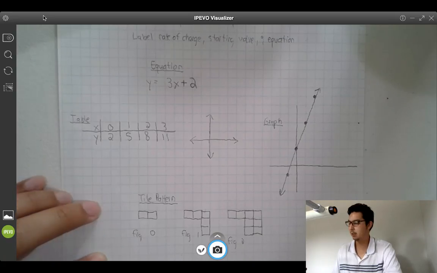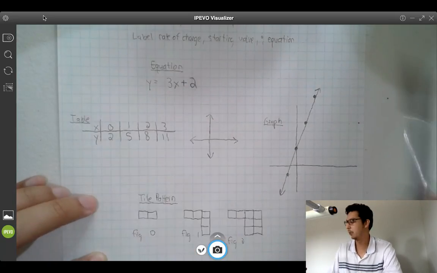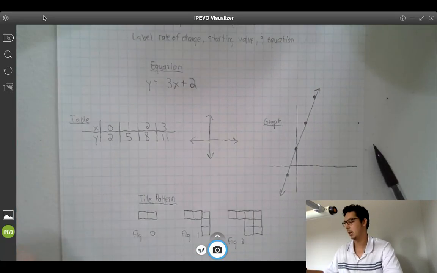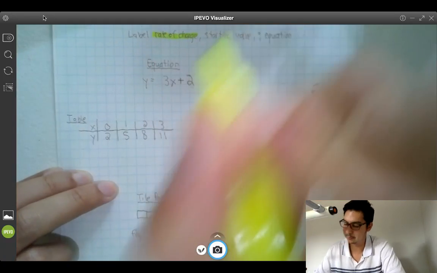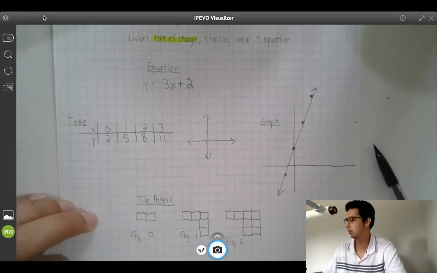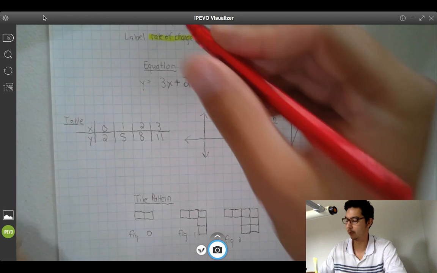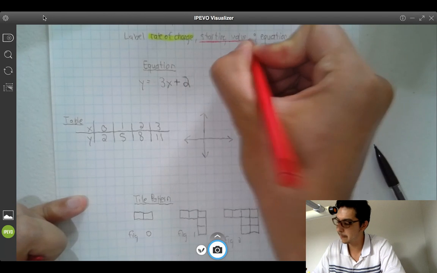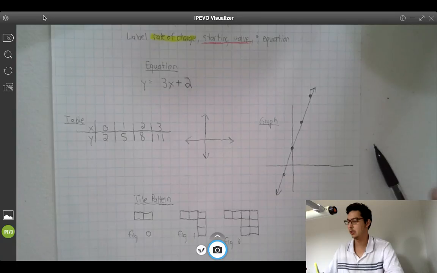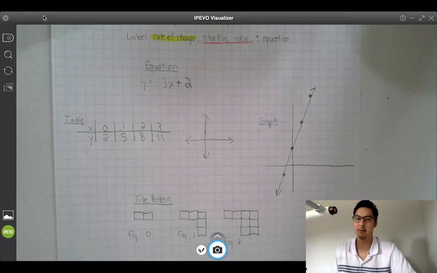For all of these, we're going to label the rate of change, which I will do in yellow highlighter. Label the starting value, which I'll do in red, and I'll underline it. And then lastly, label the equation, which I'll stick with pencil for.